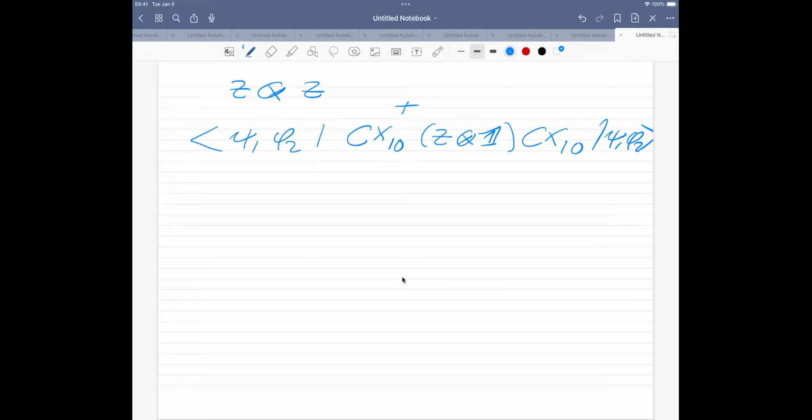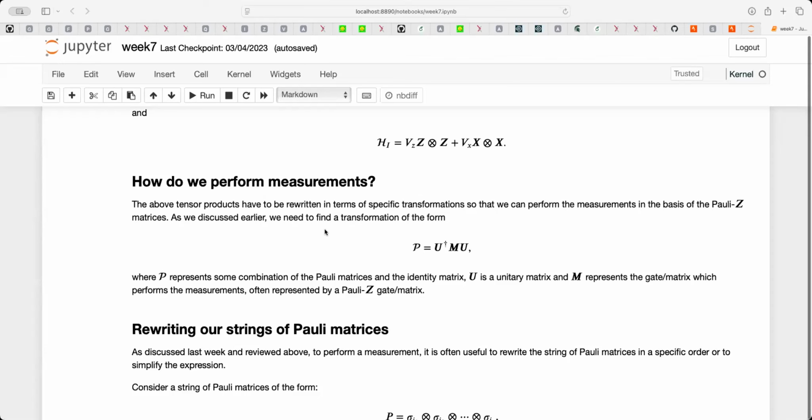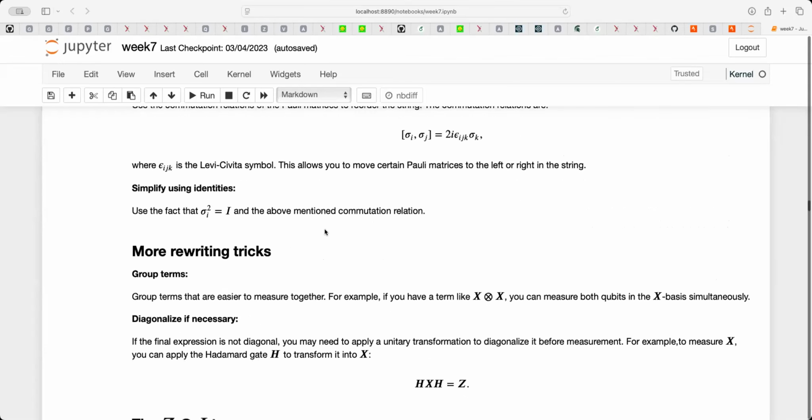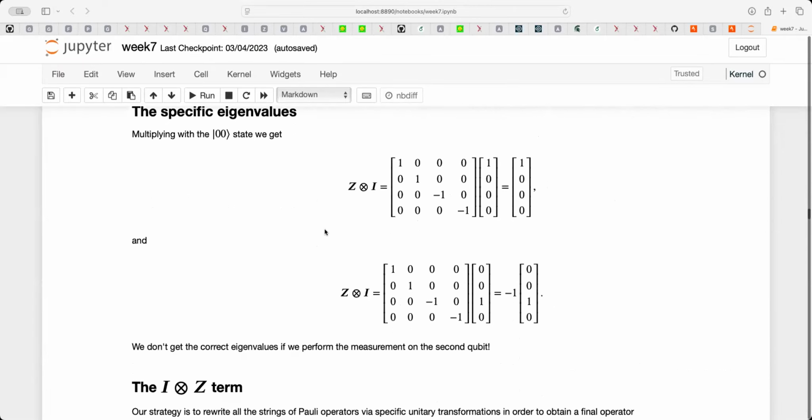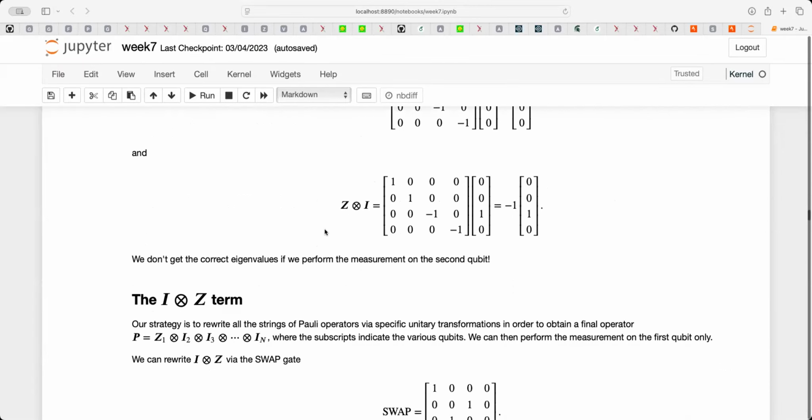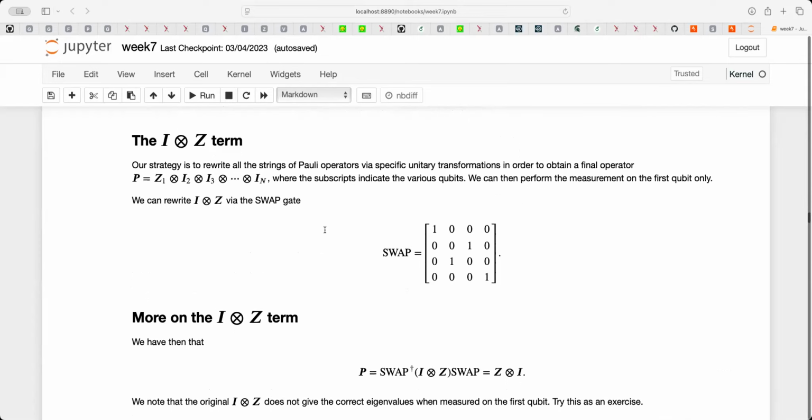If we then go back to the code, which you have access to in the Jupyter Notebook, then you will see how we actually implement these different types of operations, measurements, when we do the final evaluation of the expectation value. So let's just switch back to the Jupyter Notebook. All these operations which you see here, the strings of the different Pauli matrices, everything you've seen on the whiteboard is actually given in the Jupyter Notebook.